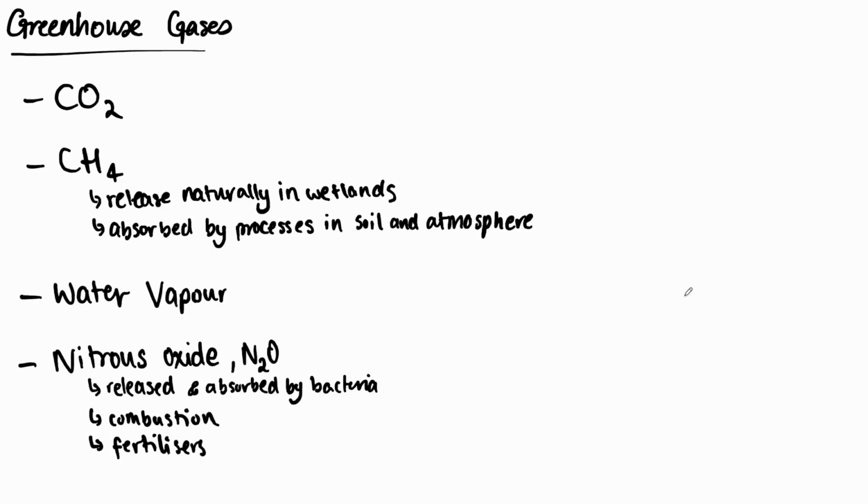So more about the gases that cause this effect. We have CO2, which is what most legislation targets. It's naturally in the atmosphere from animal respiration. So, for example, every time you breathe out you release some carbon dioxide as a byproduct from respiration, and it is naturally then absorbed by plants while they're doing photosynthesis.